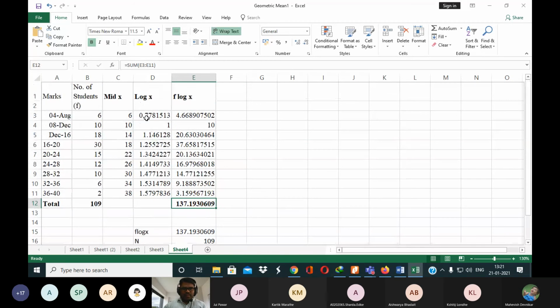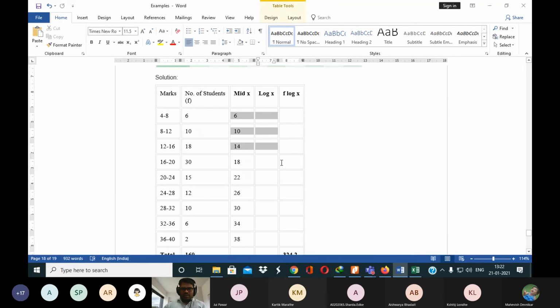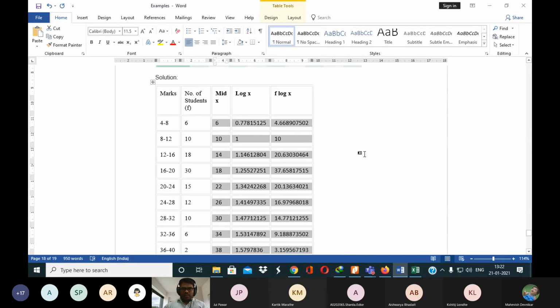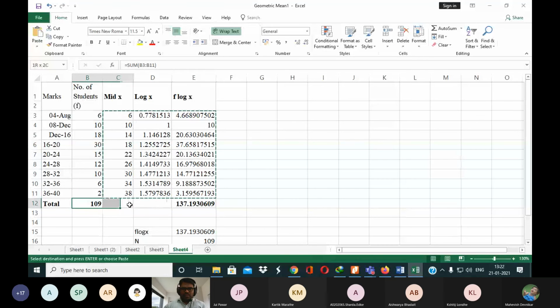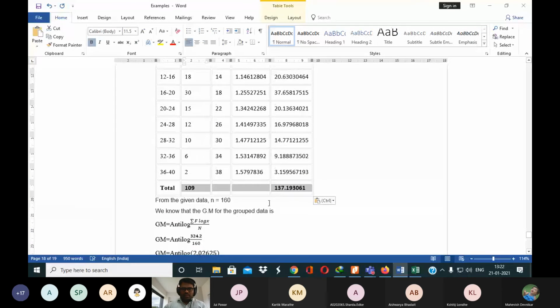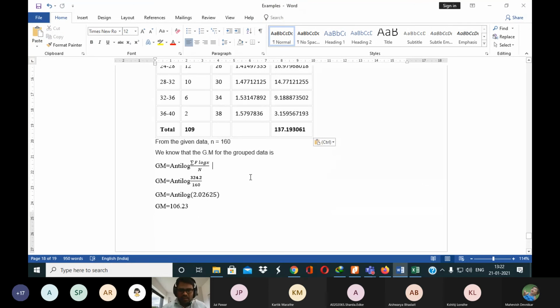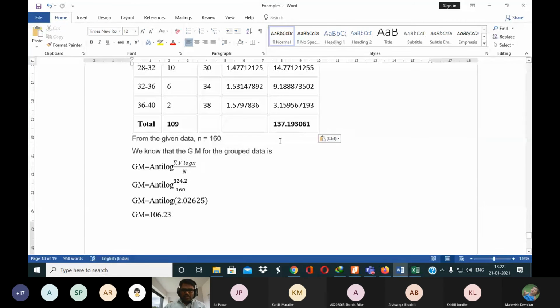So you can put this value here in the table. These are the values. So it can be like this. 13.06.